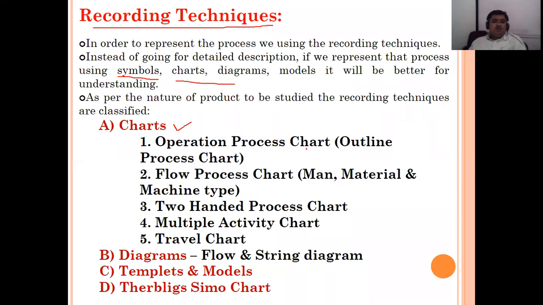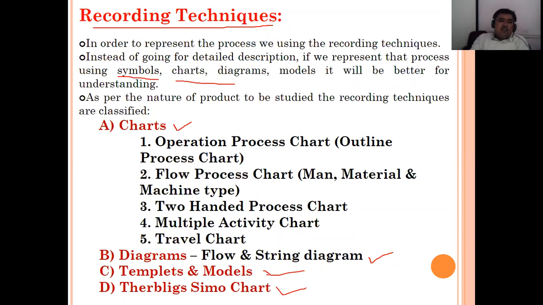Flow process chart, FPC, man, material and machine type. Two-handed chart, multiple activity chart, travel chart. These 5 types of charts we can use to represent the recording techniques. Diagrams, flow and string diagram are there. Templates and models are there, and simo chart is there. We are going to study them one by one.